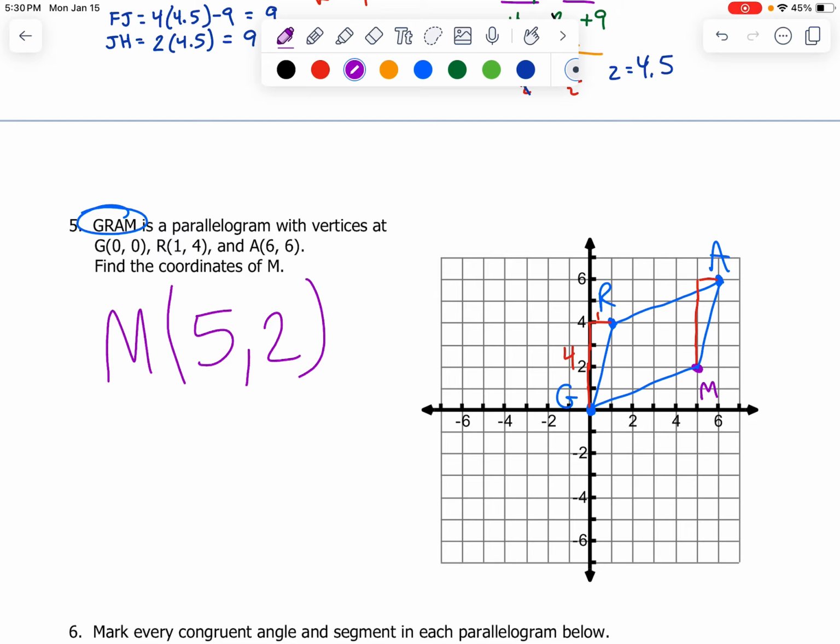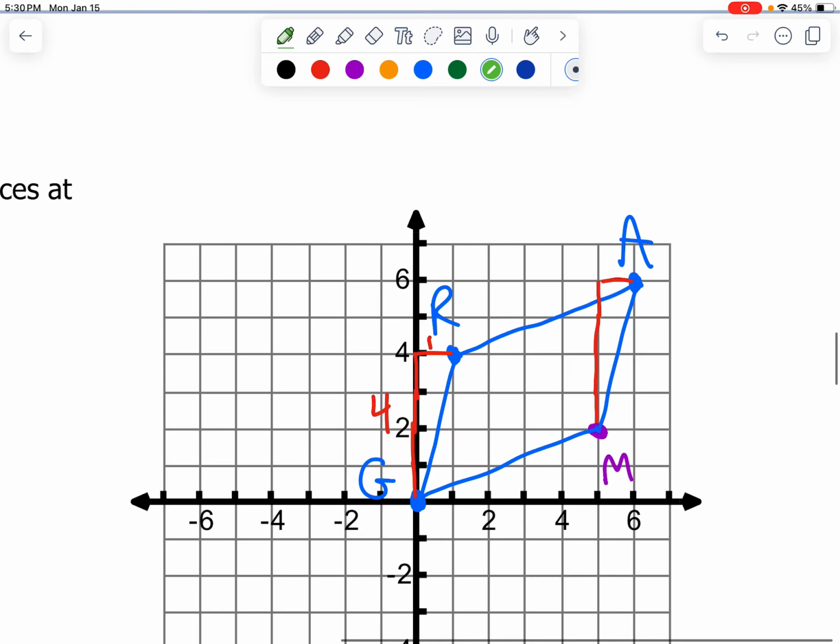Now if I wanted to check my work, I could have done it this way instead, I could have used the slope of RA. So 1, 2, 1, 2, 3, 4, 5. So I could have done that from G. 1, 2, 1, 2, 3, 4, 5.